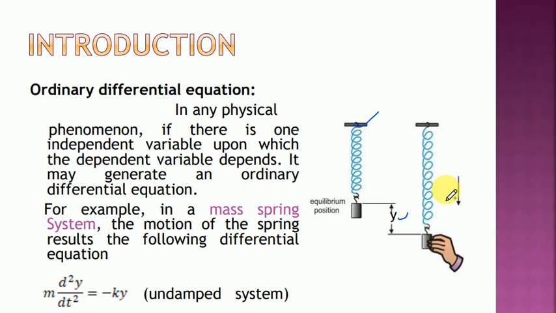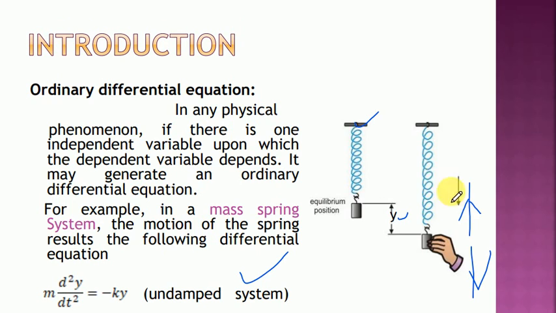This motion is a periodic motion, which is SHM. In this system, there are two forces working, and the system is an undamped system. That means there is no external hindrance, no external restrictions and no external forces. So the only forces are an upward force and a downward force.